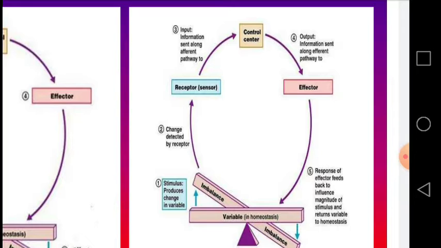These changes in the skin help the body to bring the temperature back to normal values. And when the temperature comes back to normal, this coordinating mechanism is switched off, and the body is maintained at the normal temperature. This whole pathway followed in this process is called the negative feedback loop.